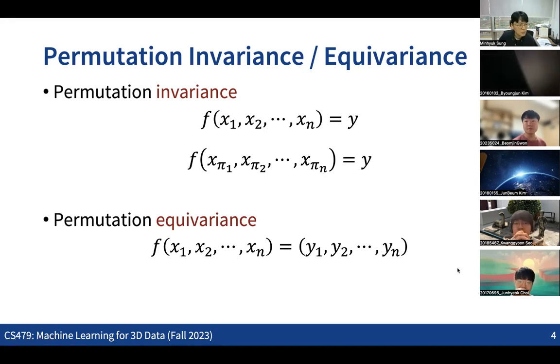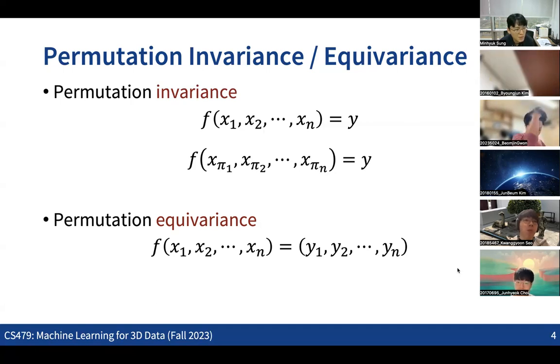For permutation equivariance, when we get a set of data as the output, how can we also preserve the order of the input data in the output of the neural net as well? That was about permutation equivariance. Invariance is important for problems like classification.